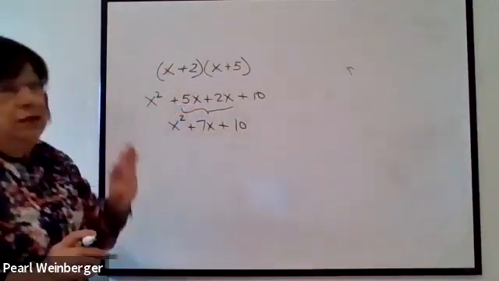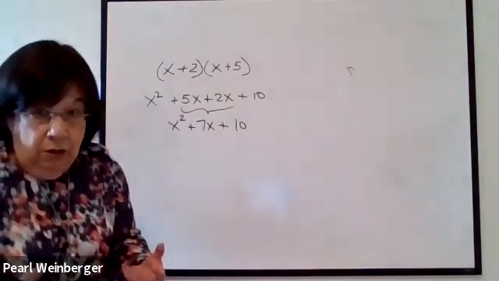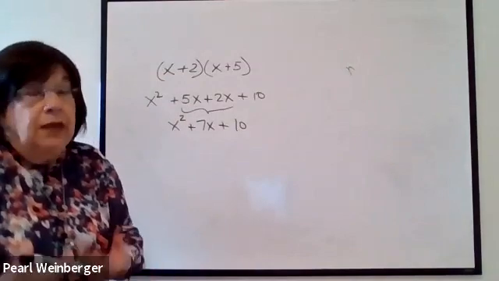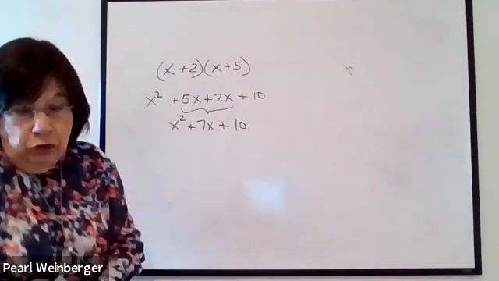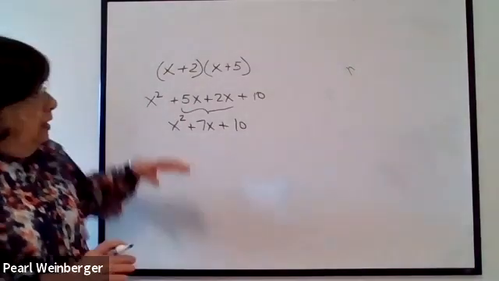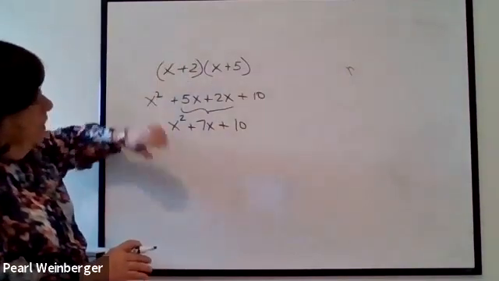But the reason we end up with a trinomial is not because we originally had 3 terms when we multiplied. We actually had 4 terms. It was just that we combined 2 of those terms. That's what happens when we multiply x plus 2 times x plus 5.